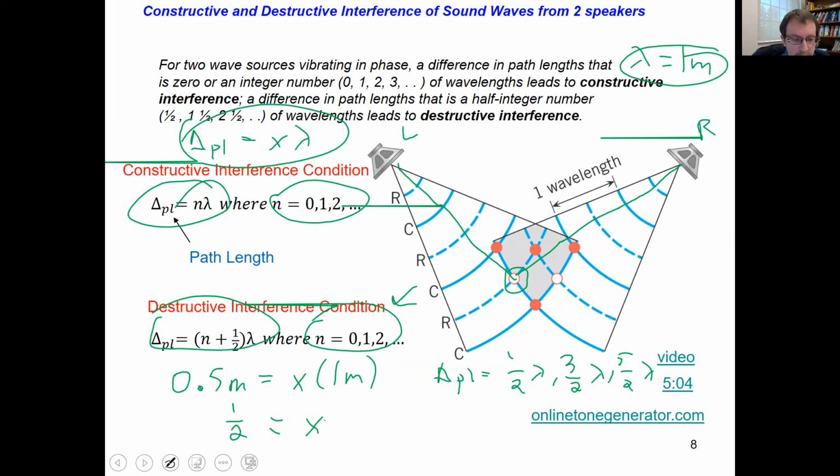In this case, my delta PL is equal to 1/2 lambda. So as a result, I've got destructive interference for this white spot that we've analyzed.